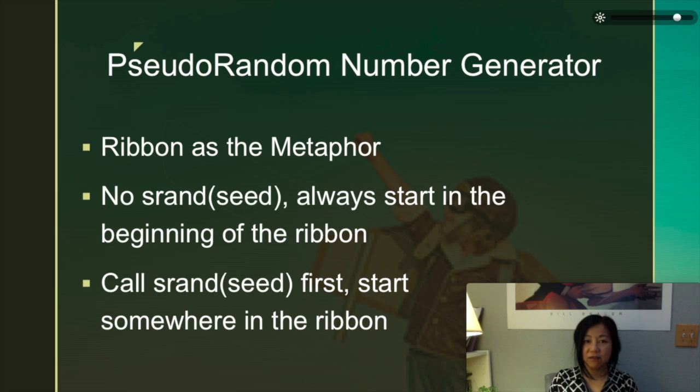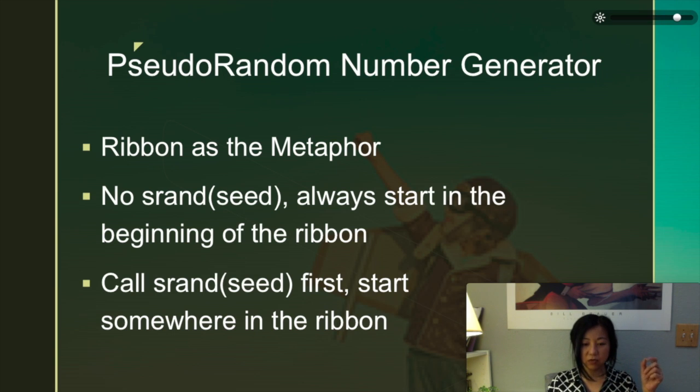And then I have someone who requests that I explain the pseudo-random number generator a little bit more. I think I will use a metaphor because that's easier to understand. I would explain why it's pseudo: all the numbers are already on a ribbon.